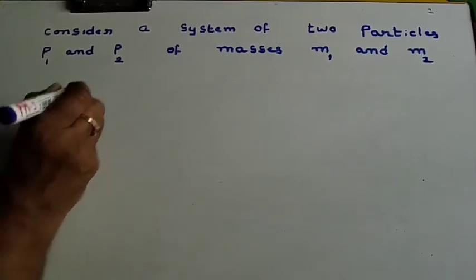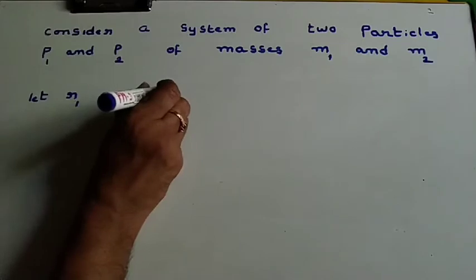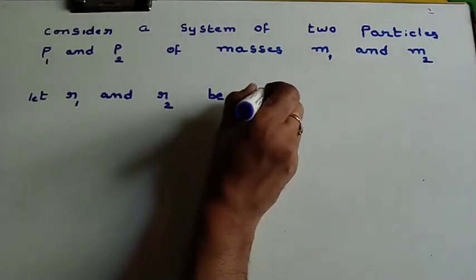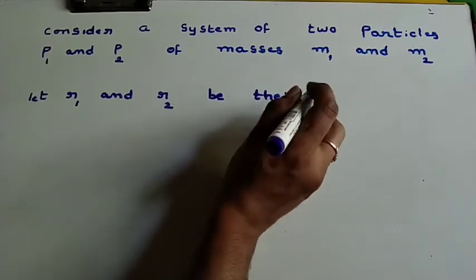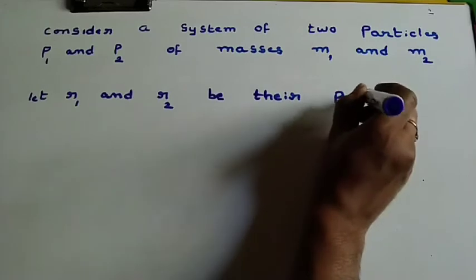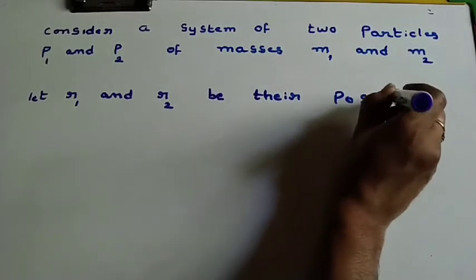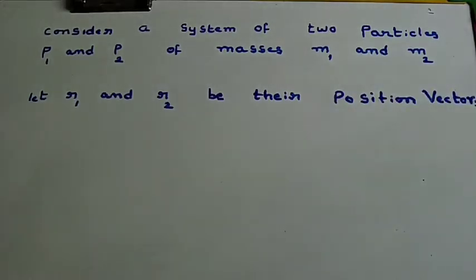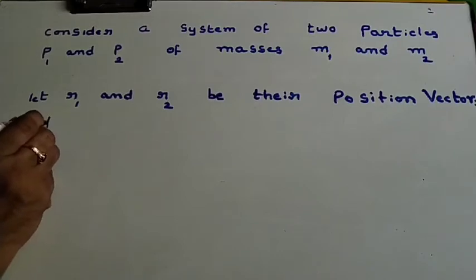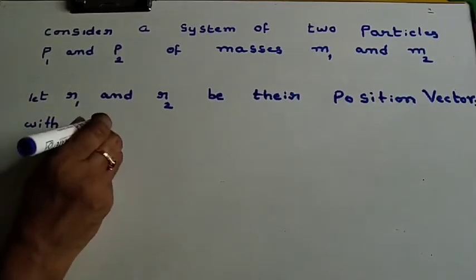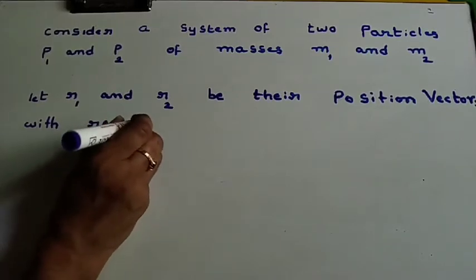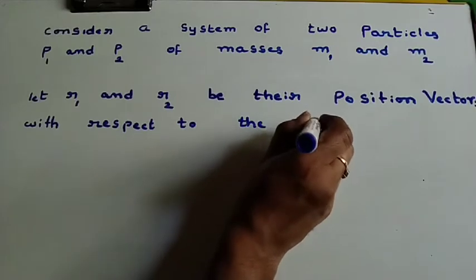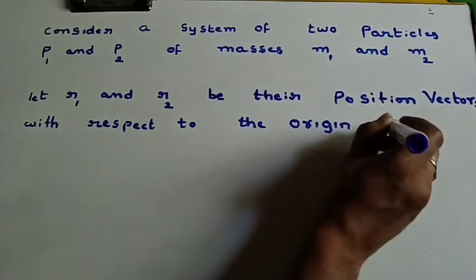Let R1 and R2 be their position vectors with respect to the origin O.